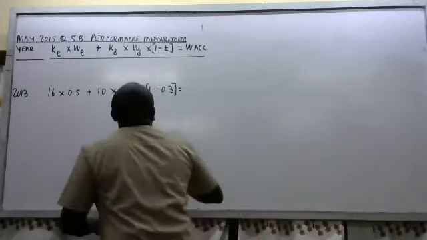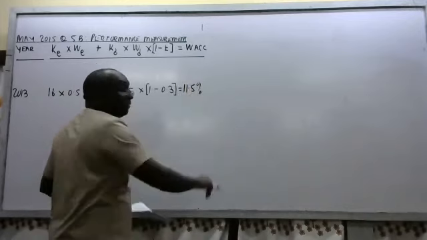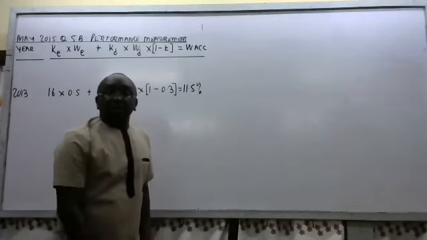So those who have a different value, please check. I'm getting 11.5, and it appears to be the one with many people.